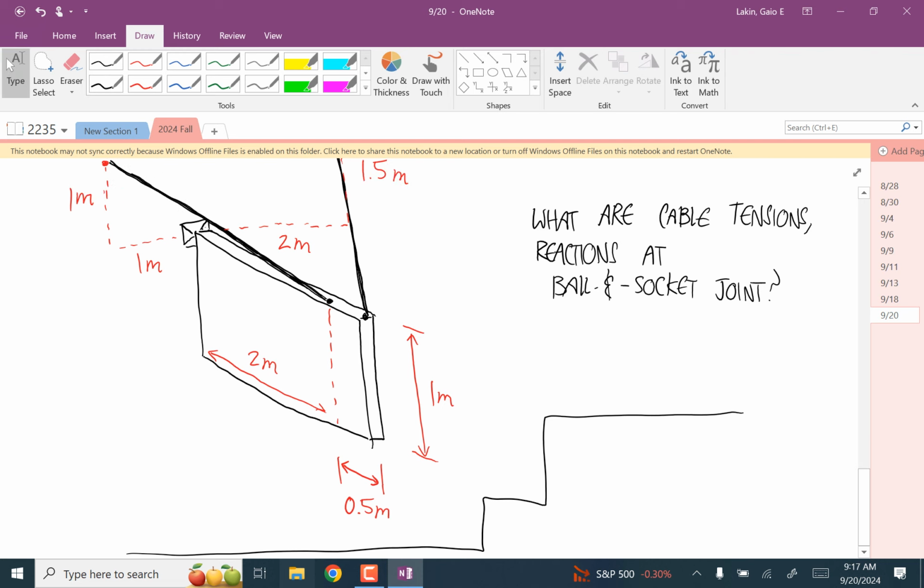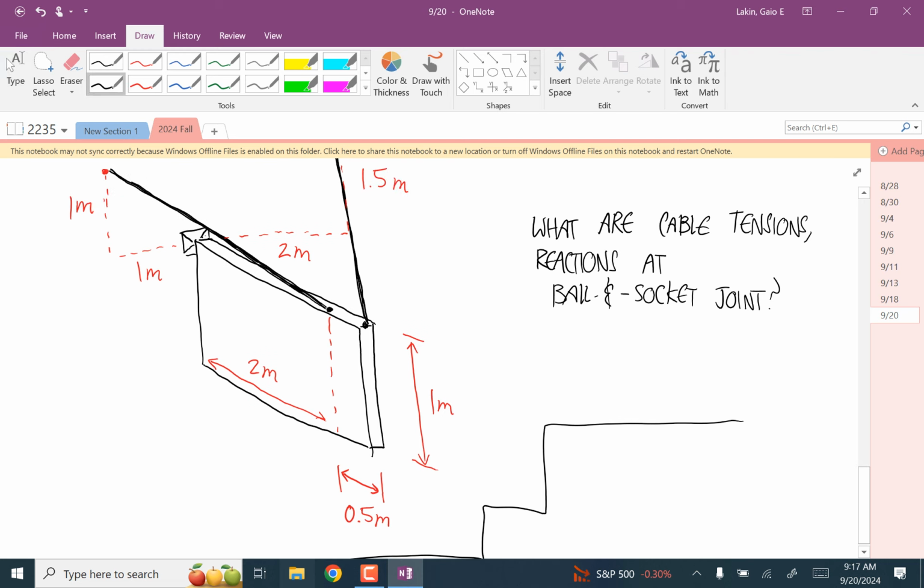Okay, so just like with 2D problems, you can just think of this as a lookup table thing. No matter what other joints are in the problem, this ball and socket joint, just go back, look up what loads it applies, and that's what you put in the free body diagram.